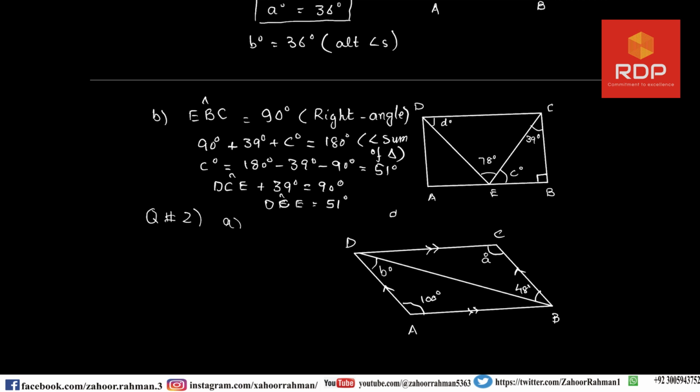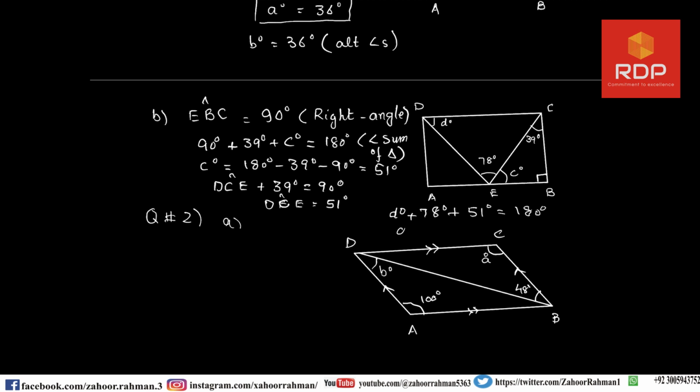We can write D degree plus 78 degree plus 51 degree is equal to 180 degree, the angle sum of triangle CDE.